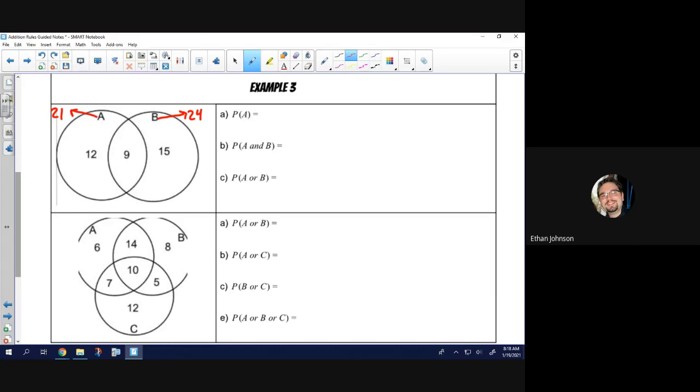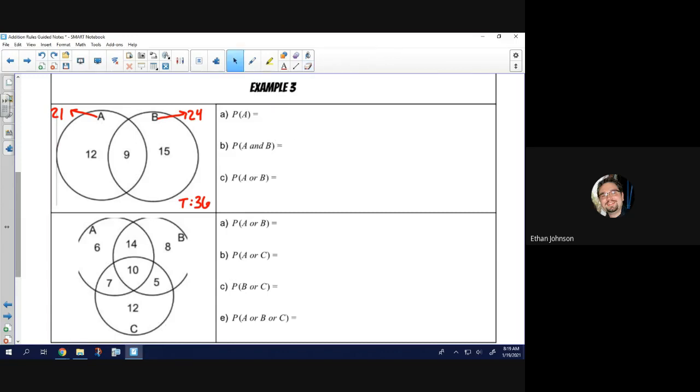So A wants probability of, well, A. There are 21 out of, if I add all three numbers, I know my total is 6. It'll be 12, not 21. It is 21.